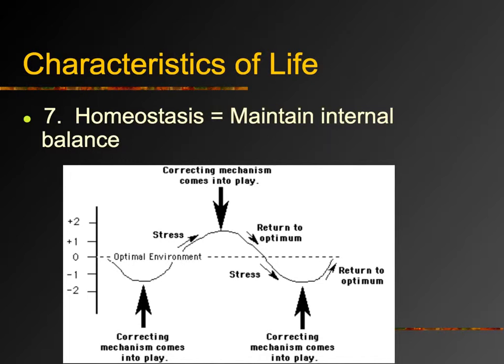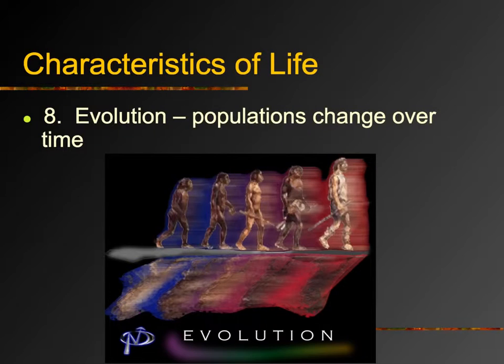Sometimes this gets out of whack because of stress, emotional trauma. Anything from the outside can definitely affect your homeostasis, but you must always have the ability to equalize that balance. And the last and final characteristic is evolution. Populations must be able to change over time.